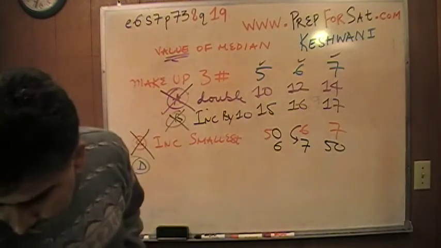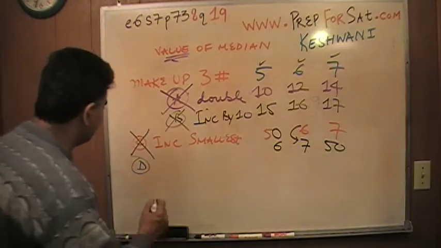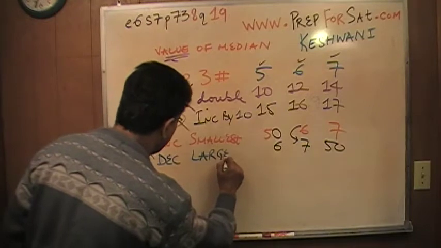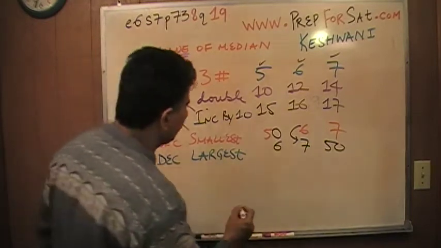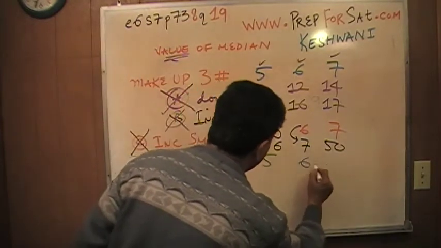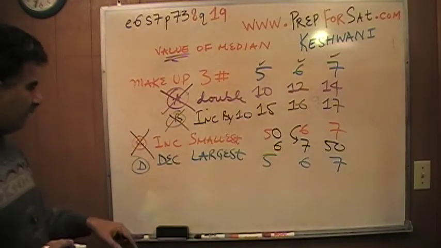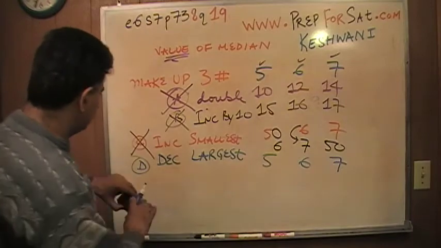D says decrease the largest number. Decrease the largest number. So let me write down my number first. 5, 6, and 7. As you can see, even though it's a bit crowded, I should have written it a little bit lower.